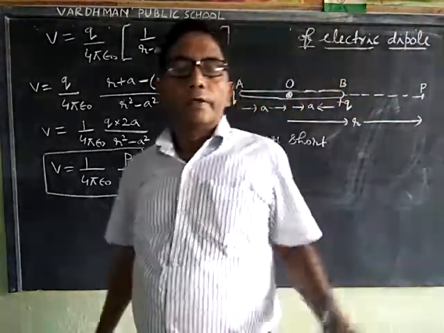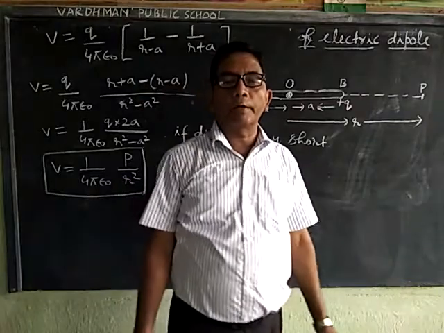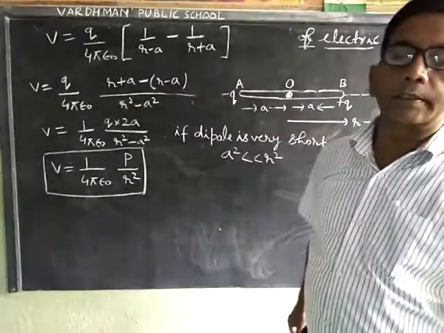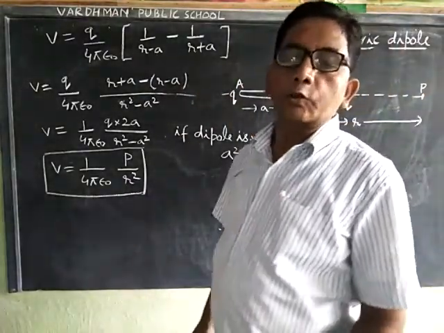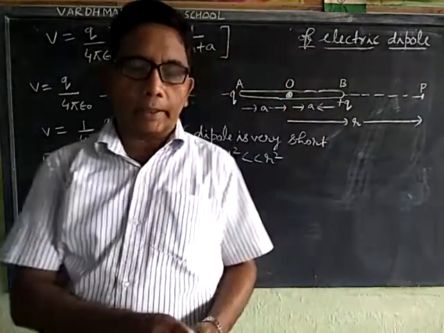Now we will derive the formula for electric potential at an equatorial point of a dipole.